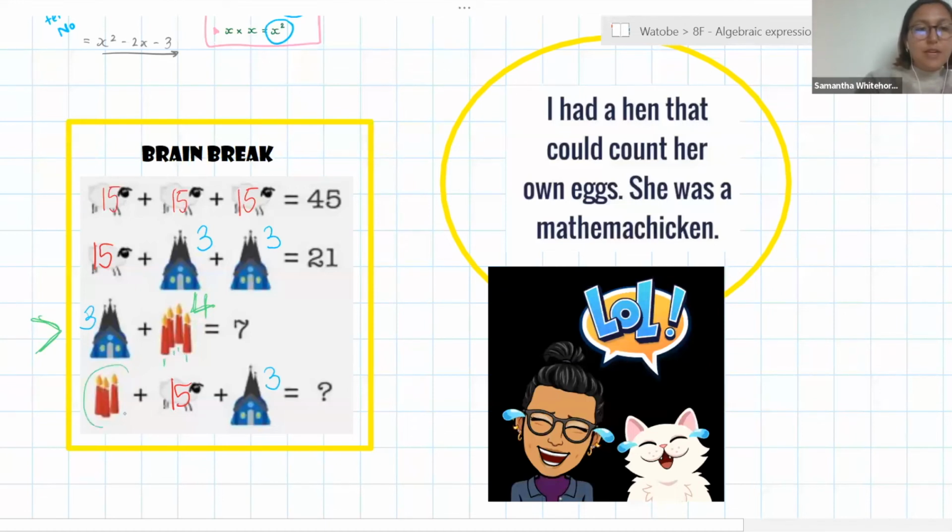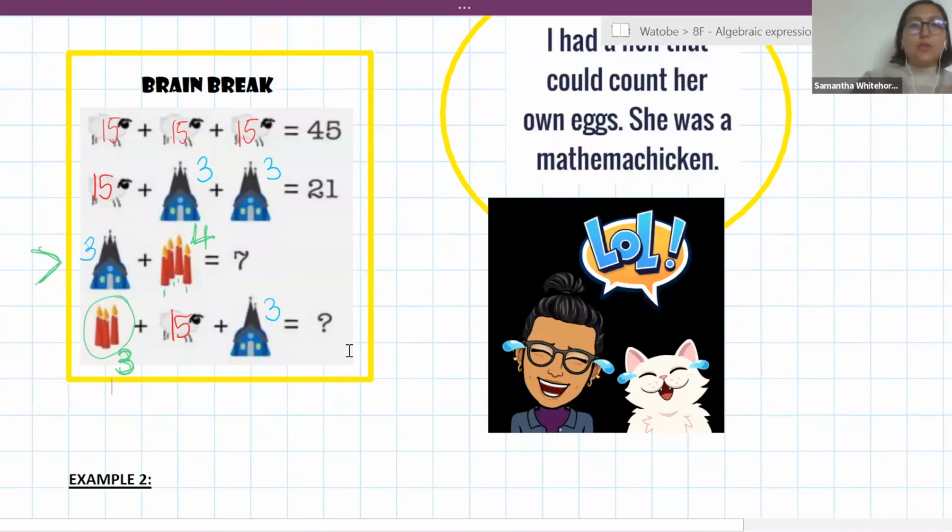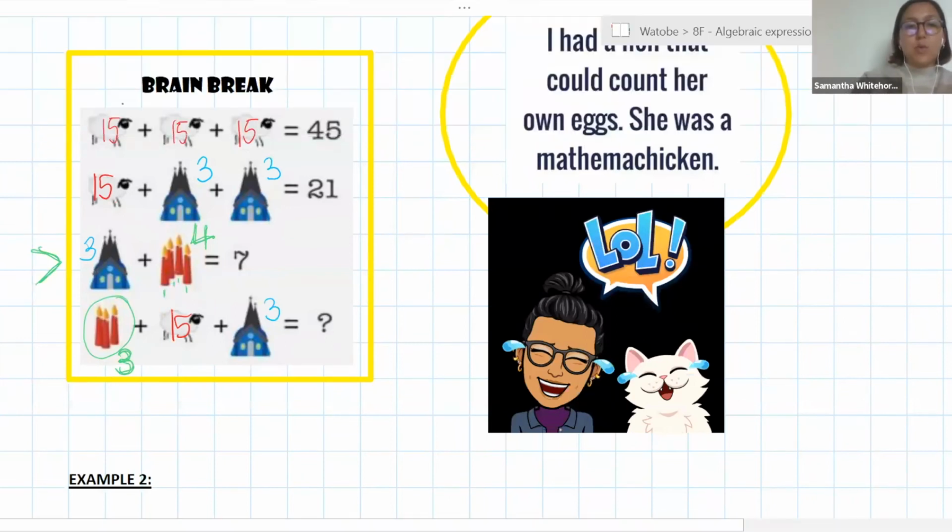So if I have 3 candles down here, I've got a 3 that is being represented by the 3 candles, right? So exactly 1 candle is 1. And then if we add 15, 3, and 3, I hope we all agree that we get 21.